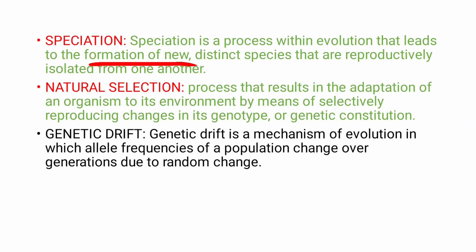So what is genetic drift? Genetic drift is a mechanism of evolution in which allele frequencies of a population change over generations due to random change. If any of you find difficulties in understanding these definitions, you can watch the videos. I have explained very nicely in those videos.